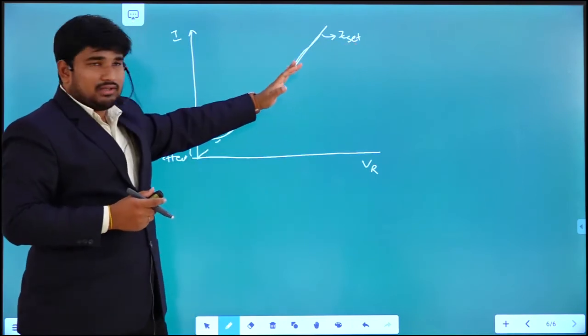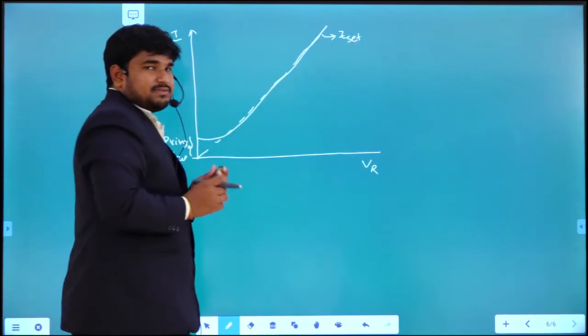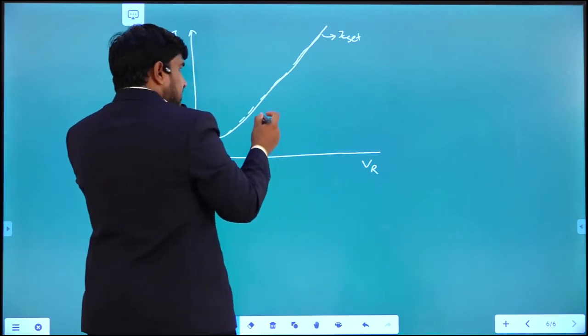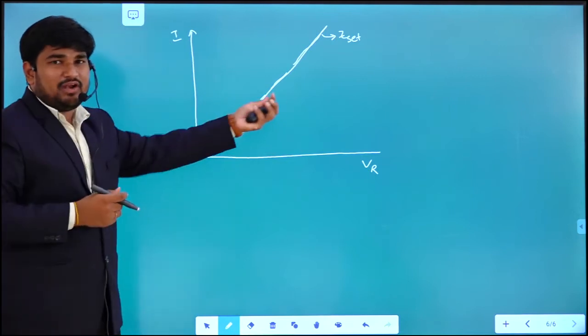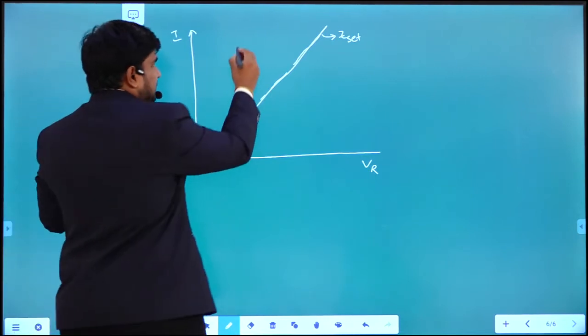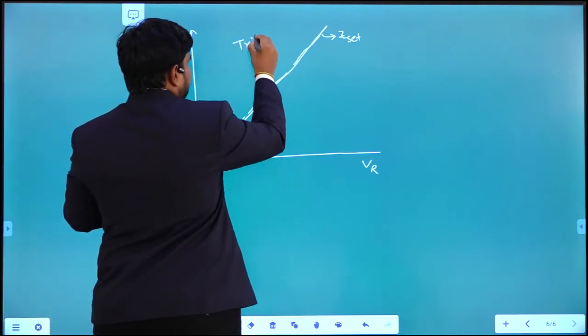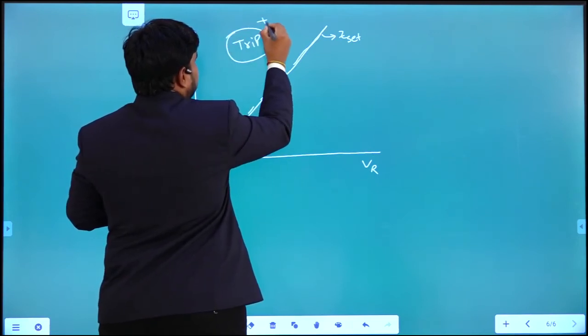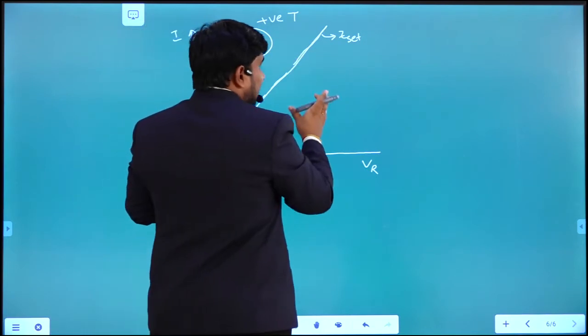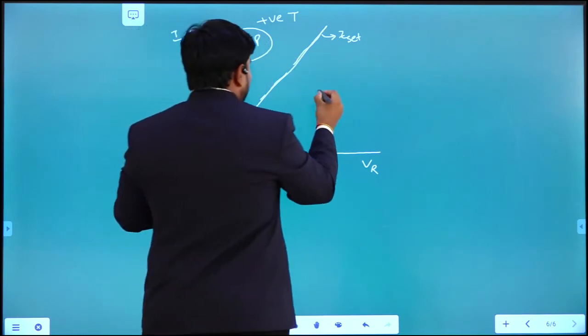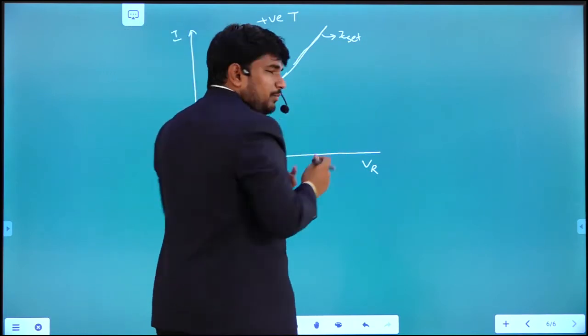So the impedance which is below this value will produce a trip signal. Trip signal means positive torque. And the impedance which is above the Z set value will not produce a trip signal.